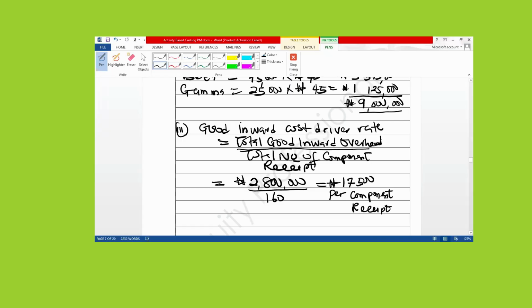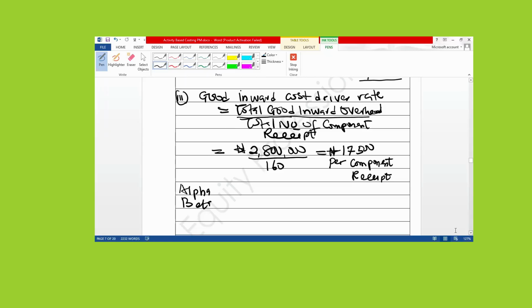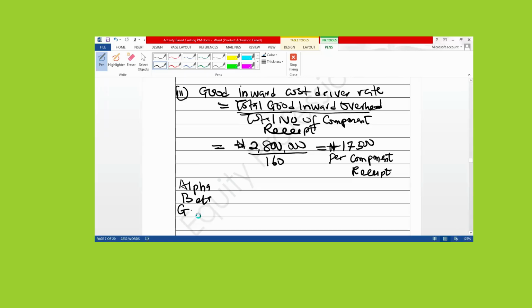You now go to the allocation table. We need to share 2.8 million to 3 products: product alpha, product beta, and product gamma.